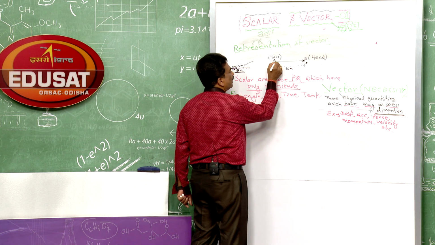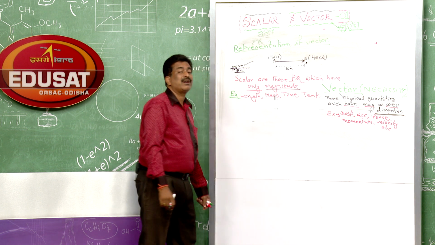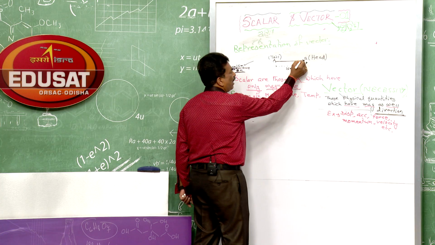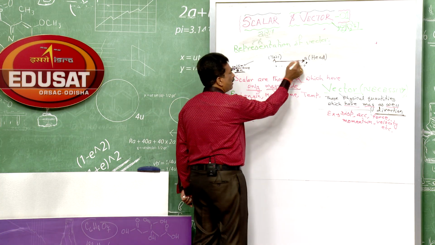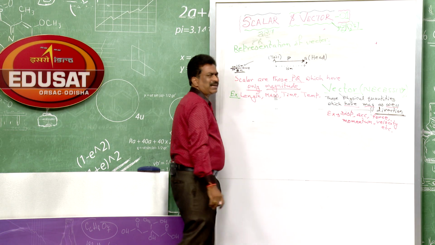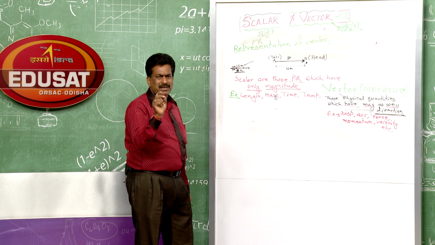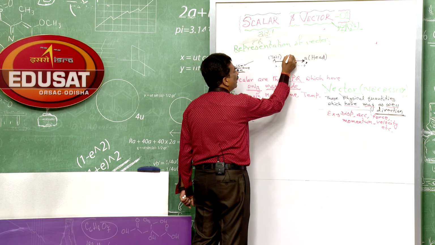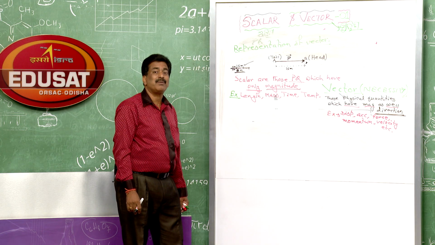It is directed towards the right from position A. This arrow mark will show the vector, and generally a vector is represented with a single letter, say P, Q, R, X, Y, Z, whatever single letter you take. Over that letter, if you put an arrow mark, then that will be treated as a vector.